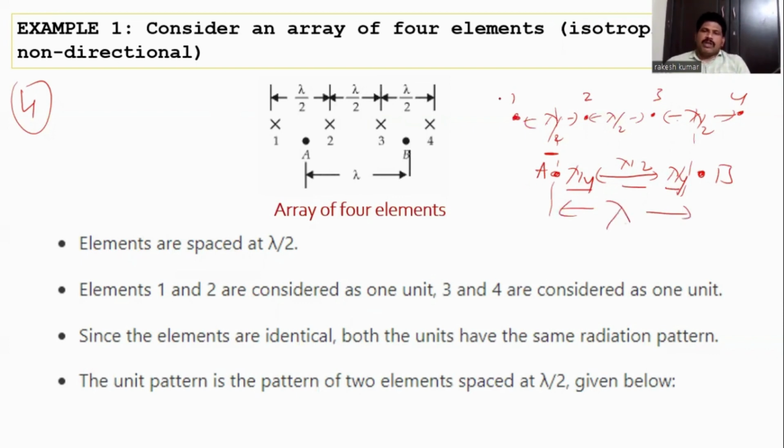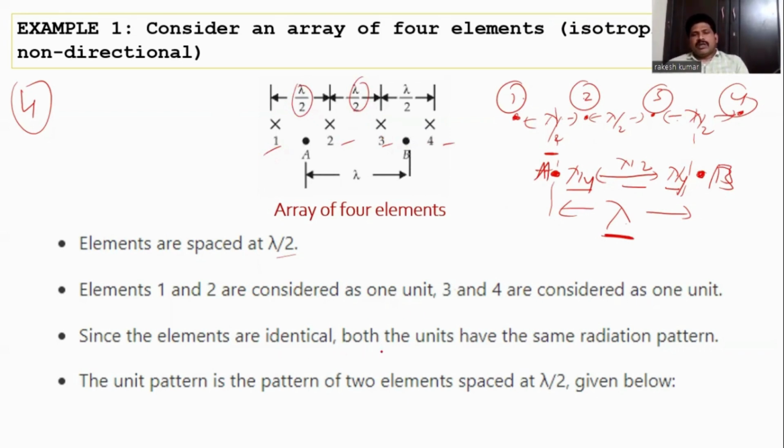Here, in total there are 4 elements. Instead of 1 and 2, I have replaced with A, and 3 and 4 with B. So the total separation distance is lambda. Elements 1 and 2 are considered as one unit, and 3 and 4 as one unit.